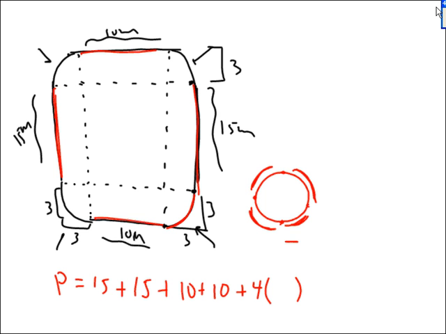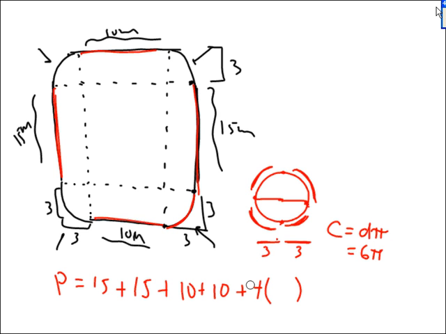Well, I'm telling you that this distance is 3 and this distance is 3. We have the diameter. The circumference is d times pi, 6 pi.